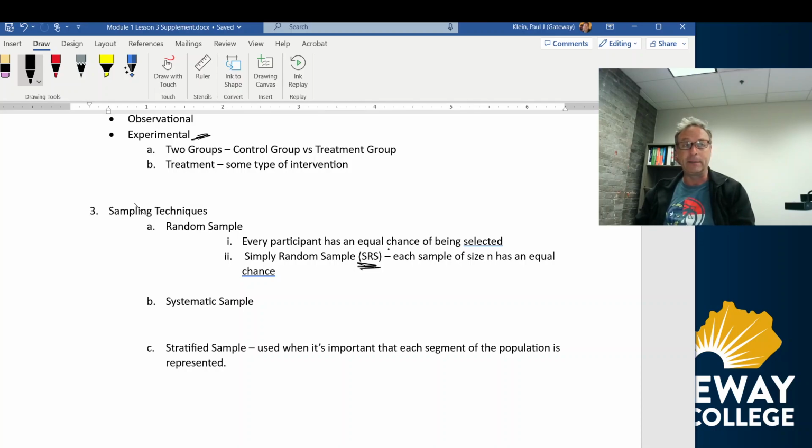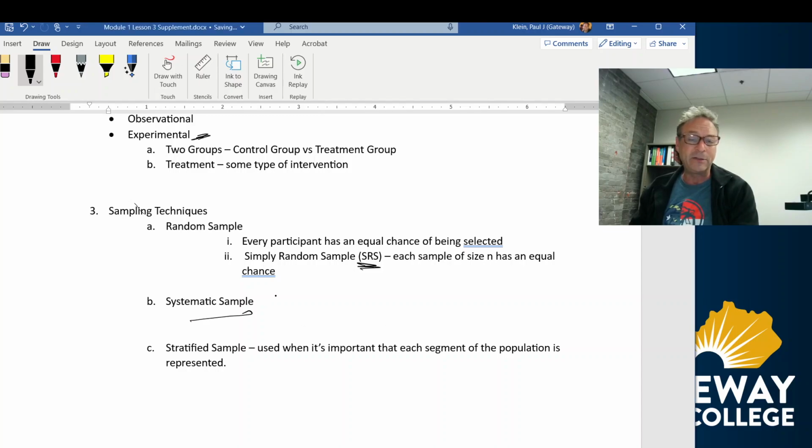That would be different than if I took another random sample and it would be the first 5 people in the class. A simple random sample just means that each group of 5, or whatever sample size you have, has an equally likely chance of being picked. You don't have to worry too much about that, but I thought I should point that out. All right, that's a random sample.